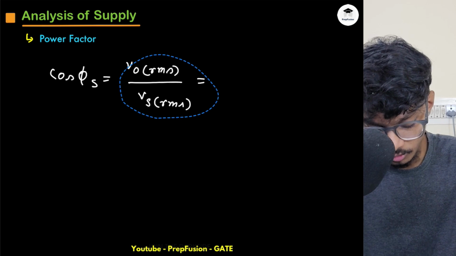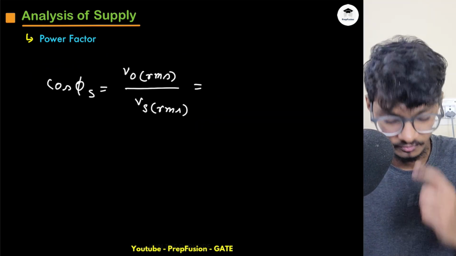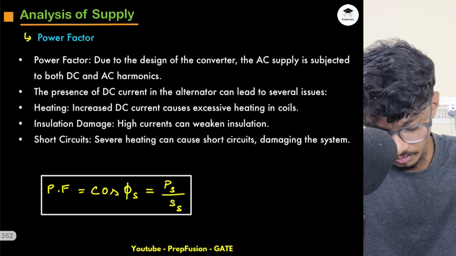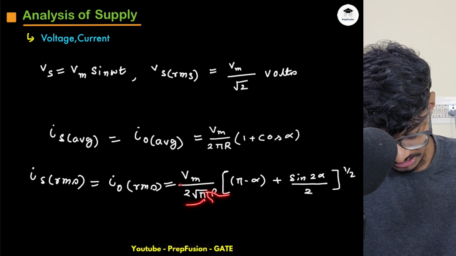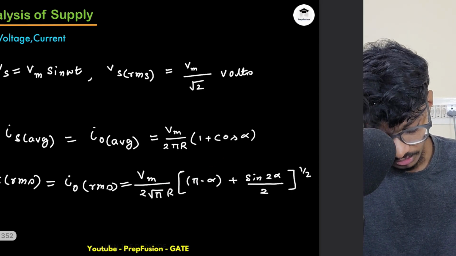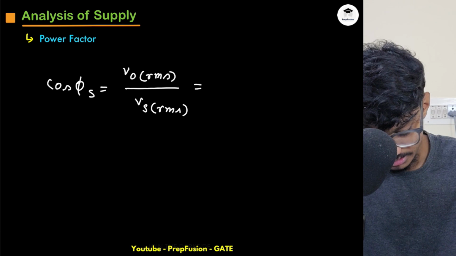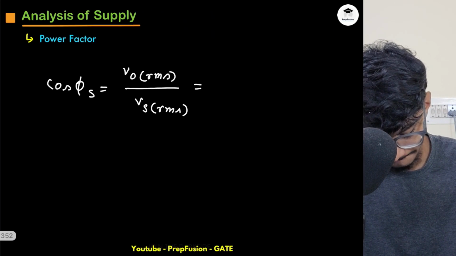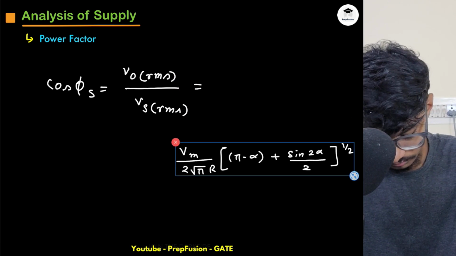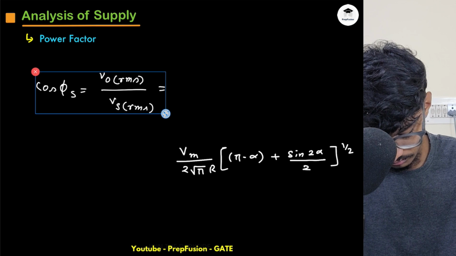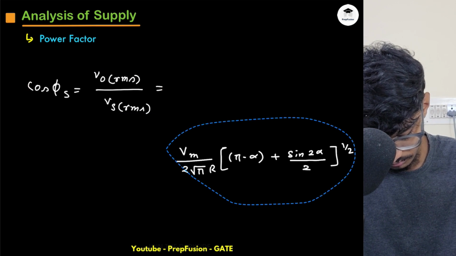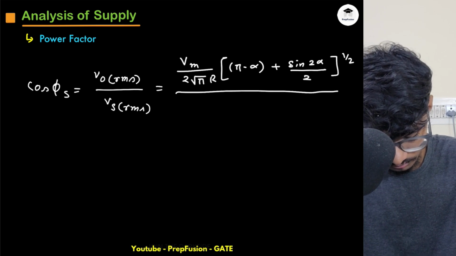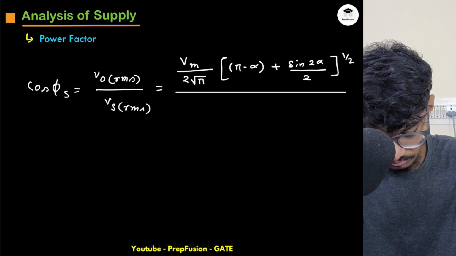Now I can find out the maximum possible power factor. What is the VORMS formula? VORMS is Vm upon this, except the R, I'll just remove the R. This is just the VORMS.